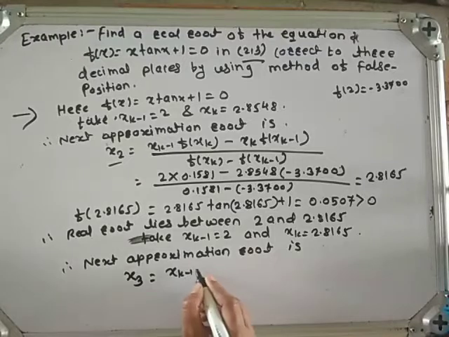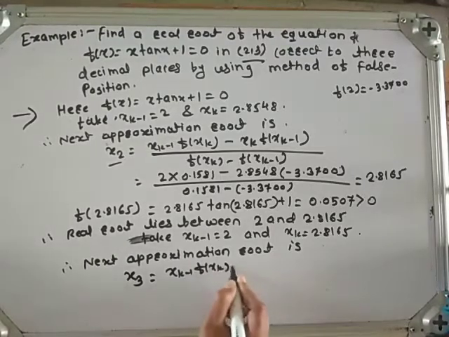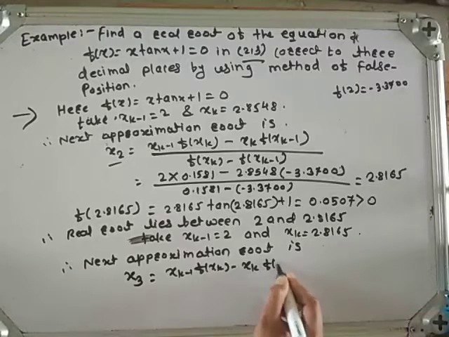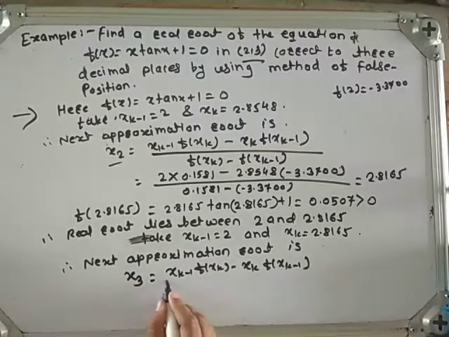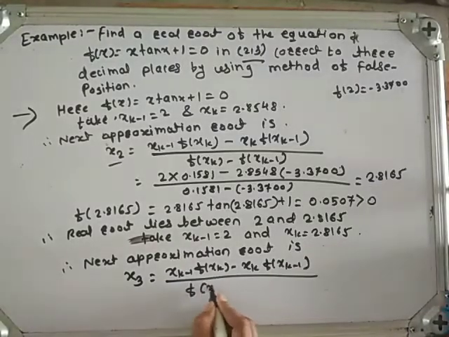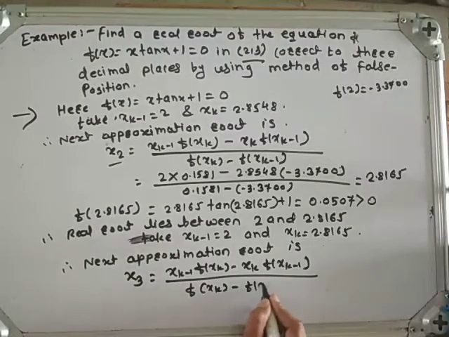The formula is xk minus 1 into f of xk minus xk into f of xk minus 1, upon f of xk minus f of xk minus 1.